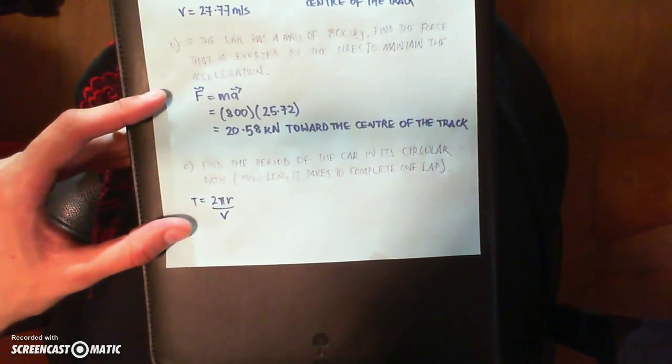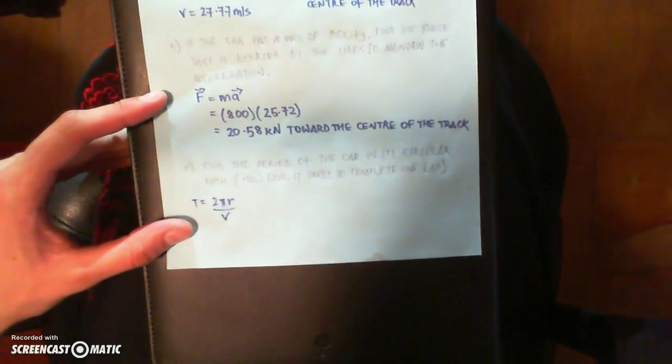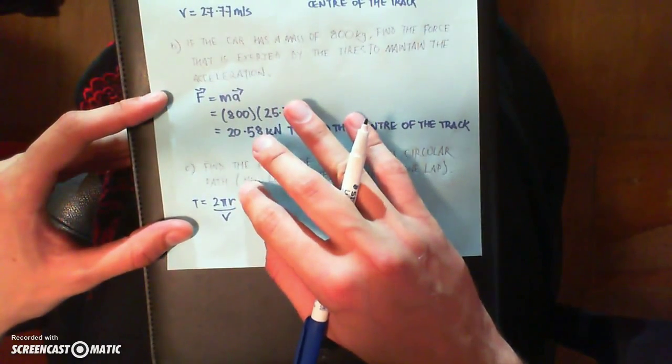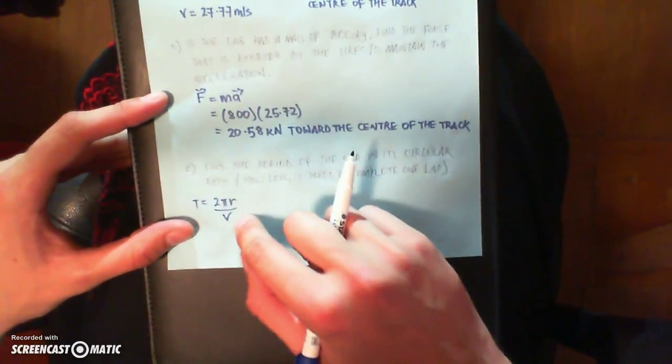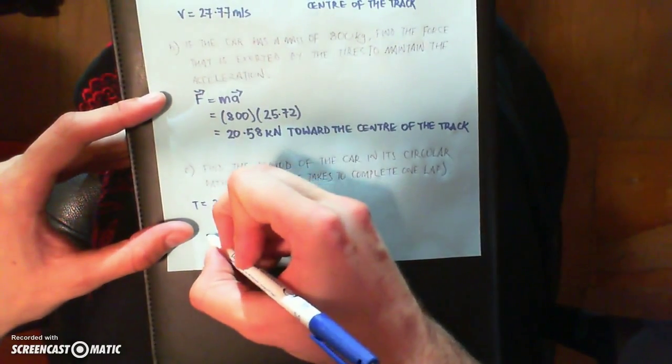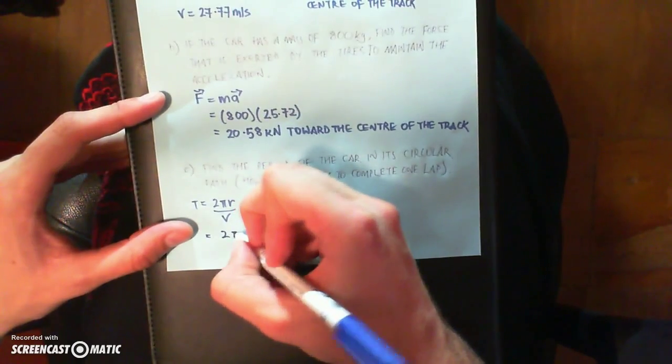So that's how fast it is going. Now this makes sense because we are working out the distance divided by the speed, giving you the time around the track.